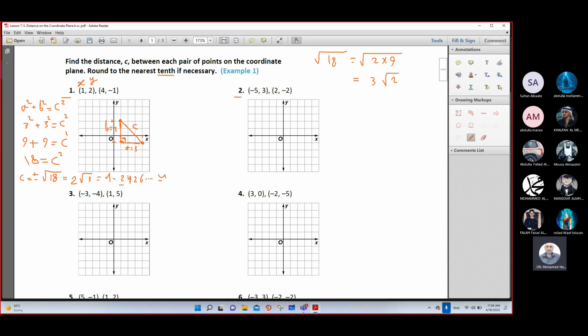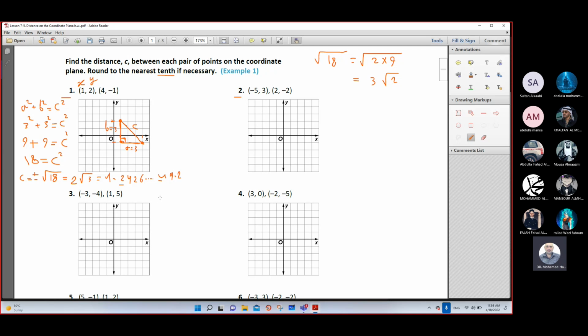Look to the digit on the right, which is 4. So we want to do estimation now. Look to the right digit here, 4 is less than 5. So keep the same digit here. So the answer will be 4.2.